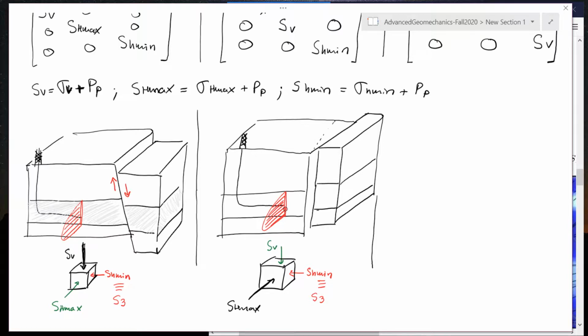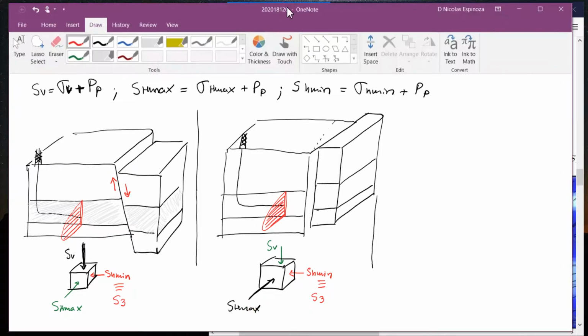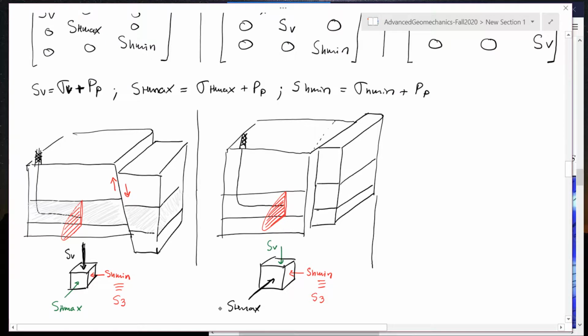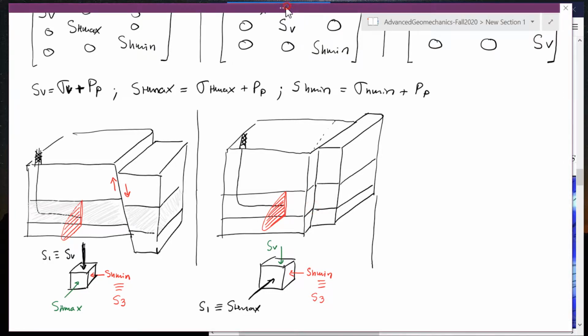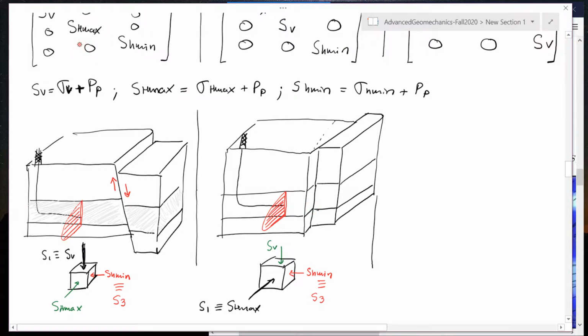Now the fault is going to depend on a combination of SH max and SH min, because in this case SH max is S1, and in this case the fault is going to produce a movement of these blocks along the strike of the fault.